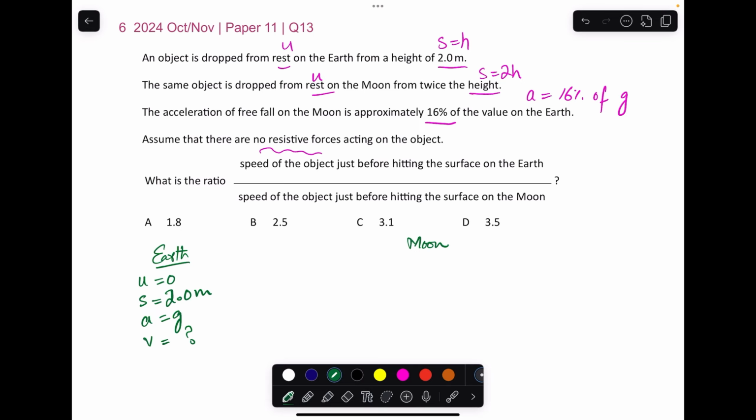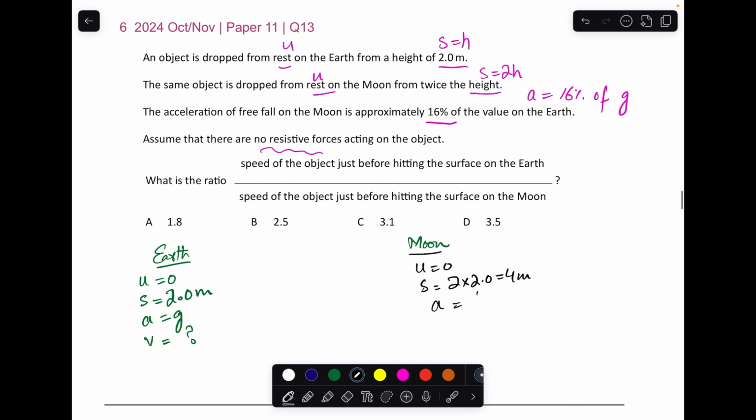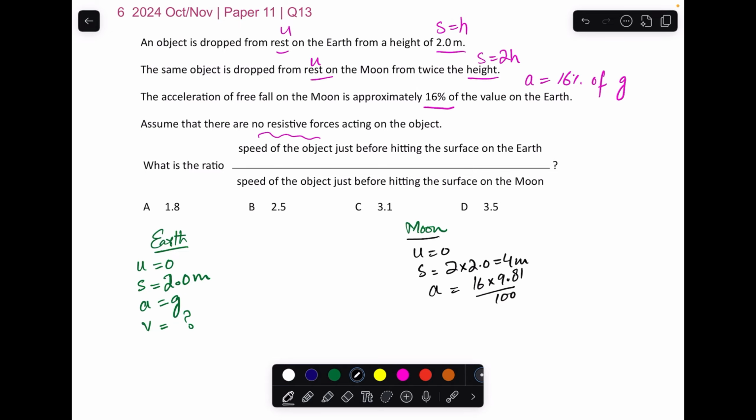For the moon we have more or less the same data. u is equal to 0, s, the height is twice, right? So it will be 2 times 2.0, it will be 4 meters. Acceleration is 16%. So 16% means 16 multiplied by 9.81 divided by 100. Okay, this will be the acceleration. And you have to find the final velocity. Okay, this is for the earth, this is for the moon. Then we can find the ratios.